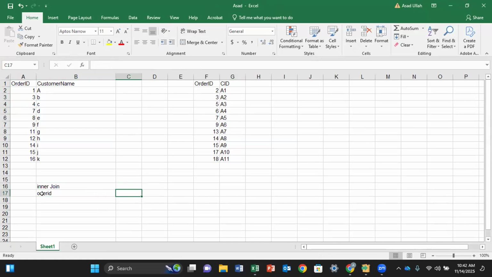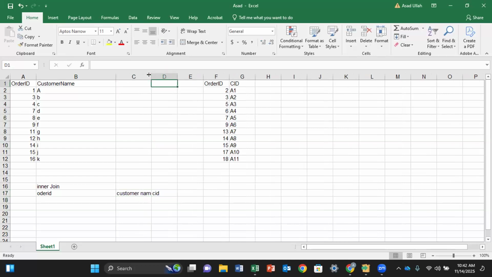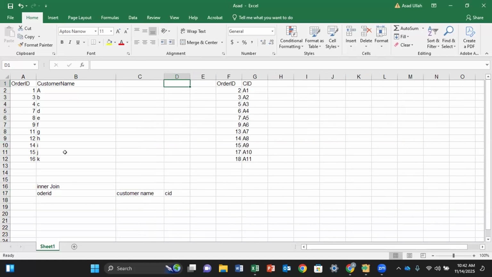Join means customer. In that join, it has customer name.